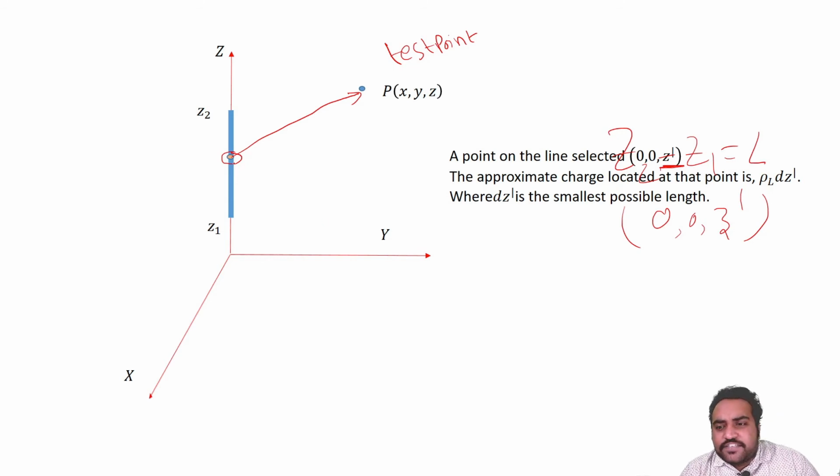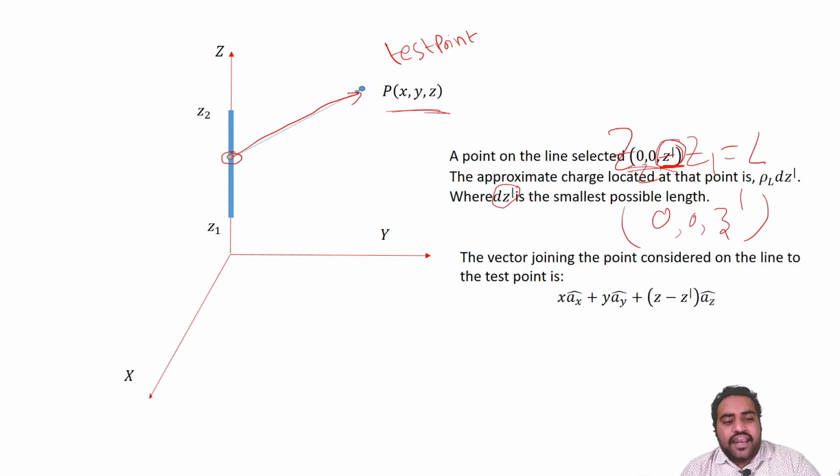So change in this point would mean change in z dash. I use this z prime to differentiate this point from this point. That is, the value of z at this point and the value of z at this point are different. Hence the notation z prime. Now this dz prime is the smallest possible length. I can be considering it as a point.